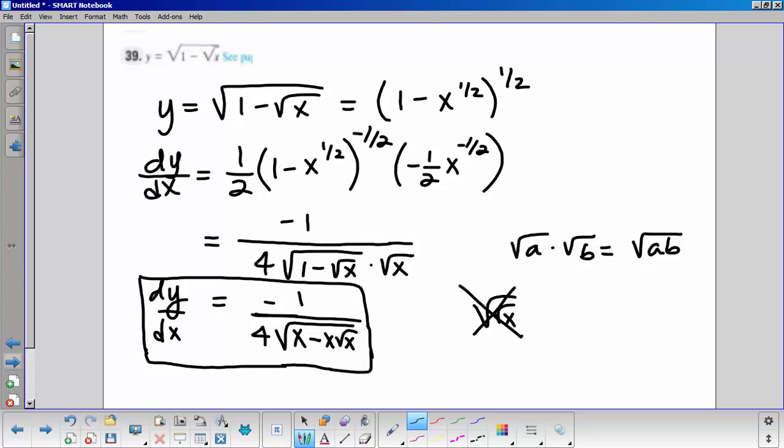What happened here when I did the square root of a times the square root of b? It's a times b. I'm not bringing the square root of a under, so I'm bringing just x under. Oh, I got it. Okay, that was my bad. Thank you, Nathan.